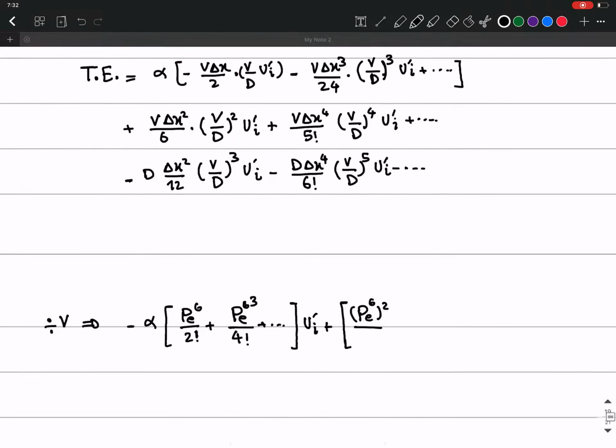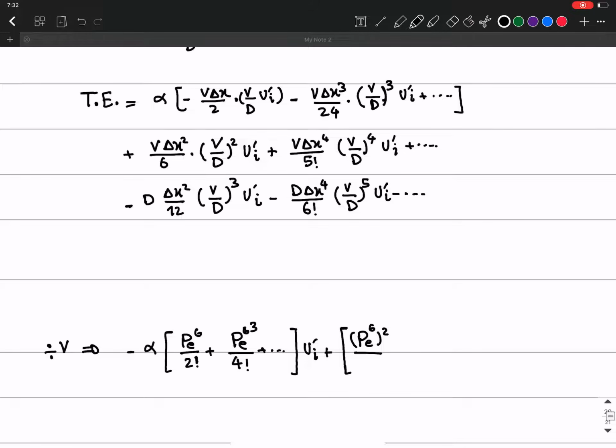Over 12, if I'm not mistaken. Plus Péclet grid number, and this you have to calculate yourself because I'm just writing it here. I calculated live, so you have to calculate it yourself to make sure it is correct for the other terms. So it's going to be Péclet grid number over something in the denominator times U prime I and the other terms. And I want to set this to 0.